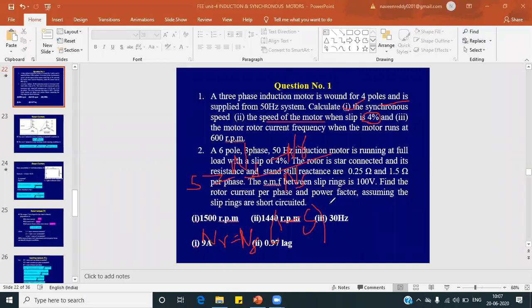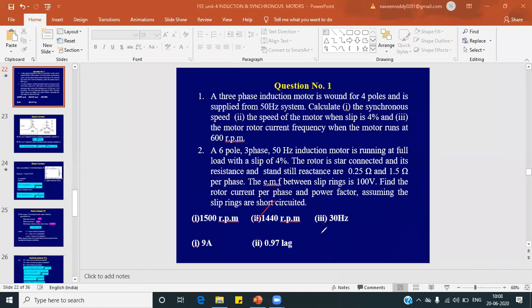Ns we just got, that is 1500. And what is the value of S? That is 4%, that is 0.04. 1 minus 0.04 is 0.96. 0.96 into 1500 gives you 1440 rpm.